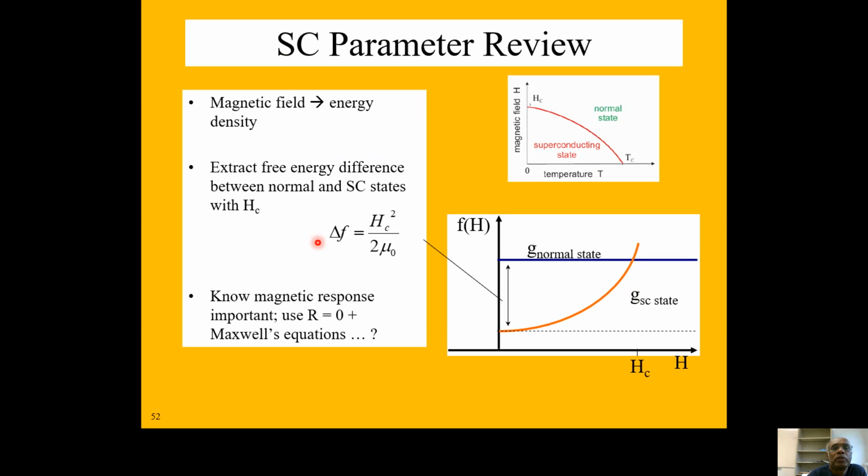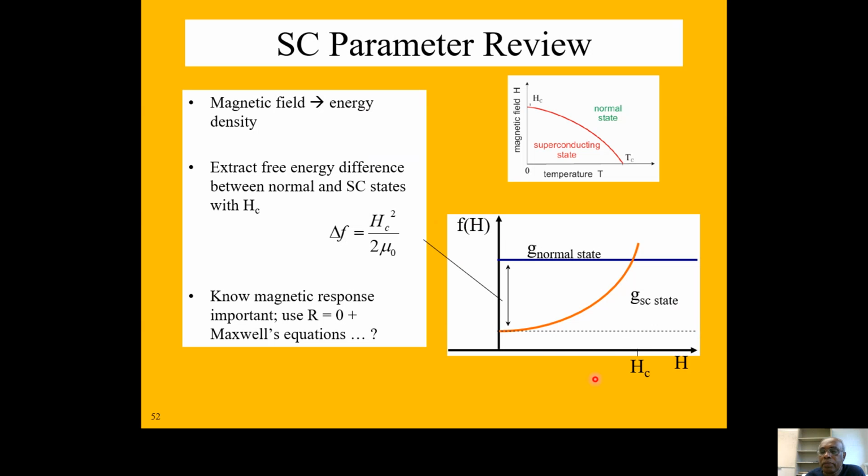So now let's talk about the superconducting parameters. If you have a magnetic field, we have an energy density, right? So energy density is given by B squared over 2 mu. It's very similar to if we have electric field, we have electric energy density of half epsilon E squared, right? So now if you consider this Helmholtz free energy, it can be Helmholtz or Gibbs free energy, doesn't matter.